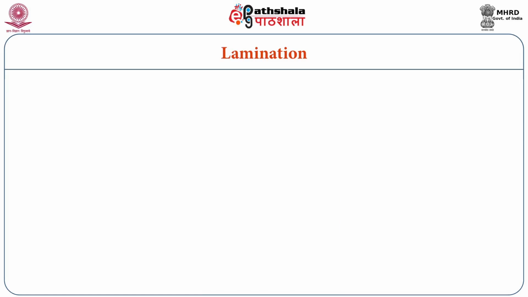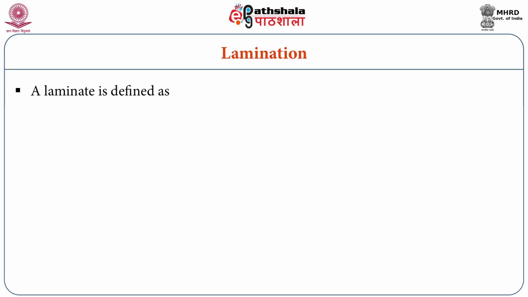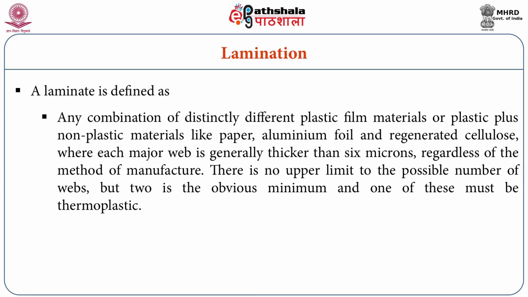Next method is lamination. Although lamination is the process of bringing two or more webs together and bonding them with an adhesive or by heating, a laminate is defined as any combination of distinctly different plastic film materials or plastic plus non-plastic materials like paper, aluminum foil and regenerated cellulose, where each major web is generally thicker than 6 microns, regardless of the method of manufacture.